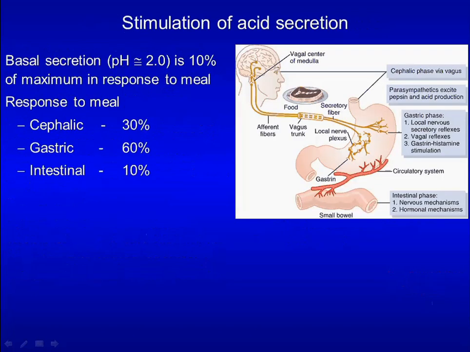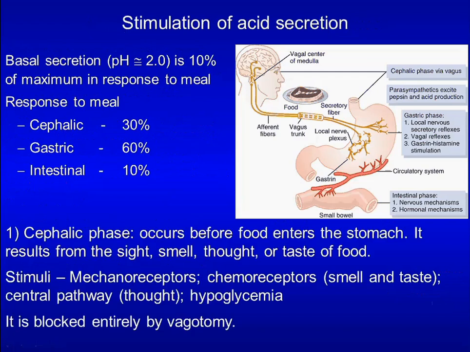Gastric secretion can be divided into three phases: cephalic phase, gastric phase, and intestinal phase. A cephalic phase occurs before food enters the stomach. It results from the sight, smell, thought, or taste of food.